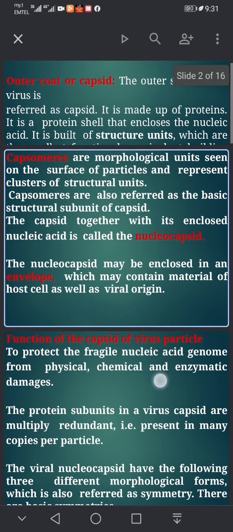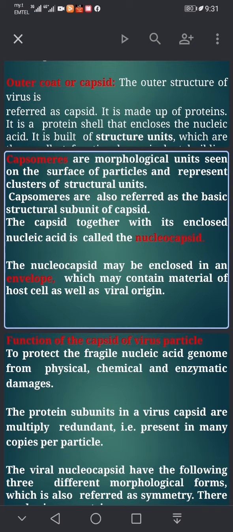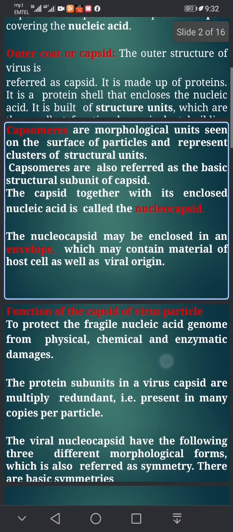In the next slide, we will talk about capsomeres. Capsomeres are morphological subunits on the surface of the virus. The capsid, together with its enclosed nucleic acid, is called the nucleocapsid.